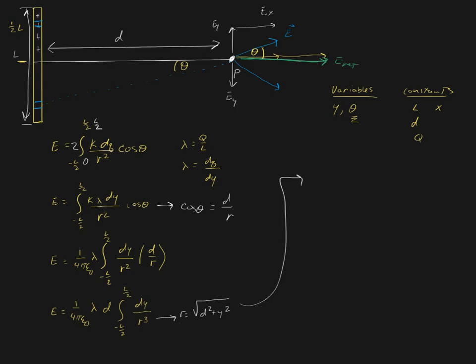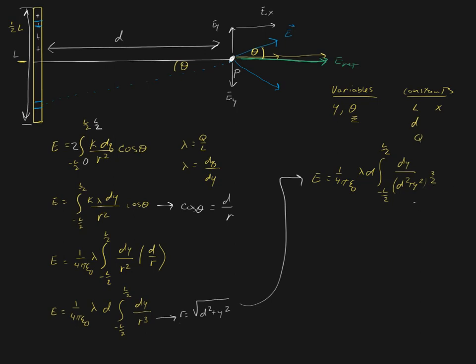So that's going to make our equation become E is equal to 1 over 4 pi epsilon naught lambda times d times the integral of minus L over 2 to L over 2 of dy over d squared plus y squared raised to the 3/2 power.